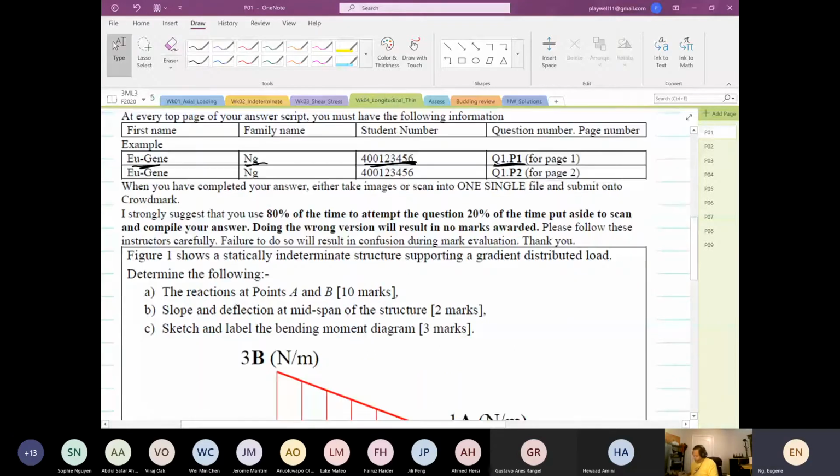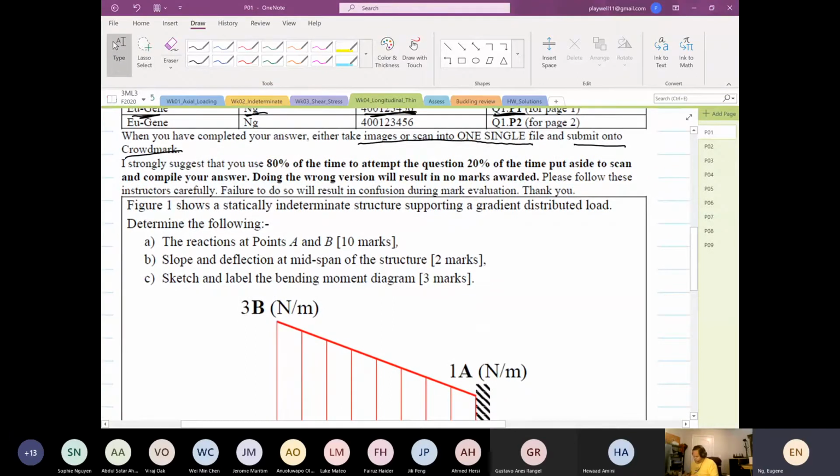When you have completed your answers, take images or scan into one single file, PDF it, and submit onto CrowdMark. Your answer has to be clear, because if I can't read your answer, then it's difficult for me to mark.